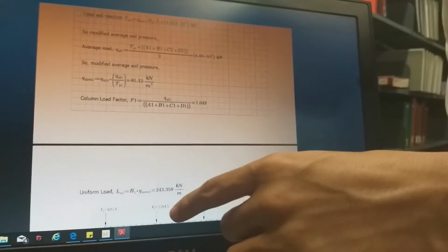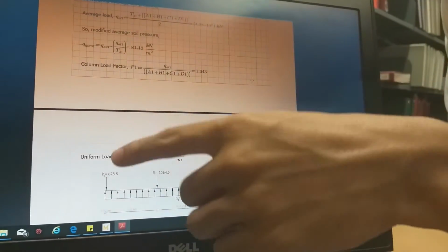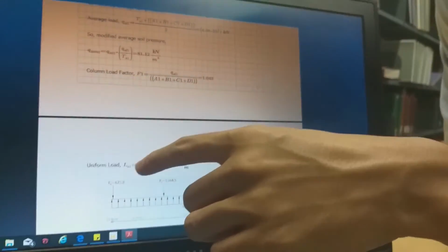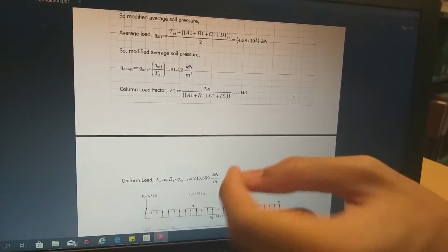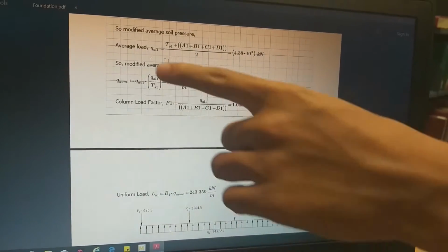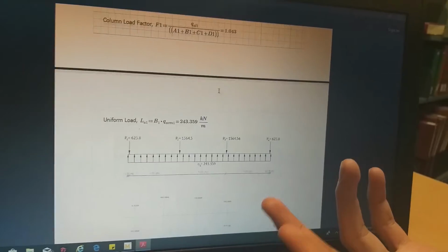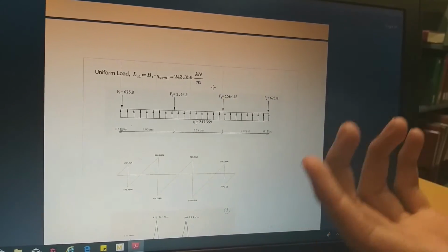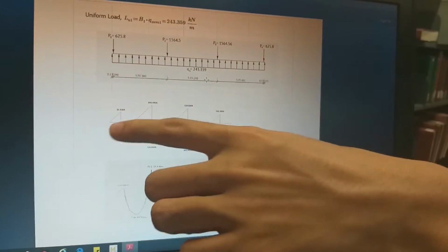When we calculate the uniform distributed load, which is the soil pressure, it is going to be the base times q average. What is the q average? It is the average soil pressure. Okay, so that is how we come up with this diagram. When we get to this diagram, it's going to help us a lot. How can we come up with the shear force diagram and the bending moment diagram? So let's see the shear force diagram first.